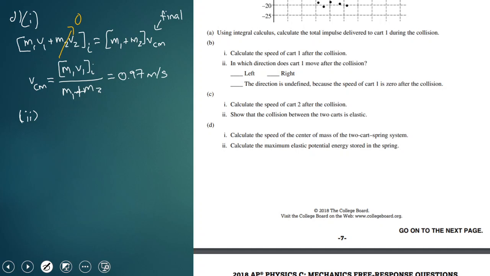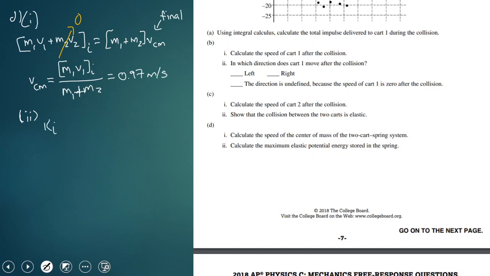You're given the information for force within the question, and then you can figure out the maximum elastic potential energy, because by Hooke's law, F is equal to negative kx. So you're given the force, you're given k, you can calculate x max, and then from x max you can calculate U max. The way that I like to go about this is by using conservation of energy to calculate directly the potential energy stored in the spring.